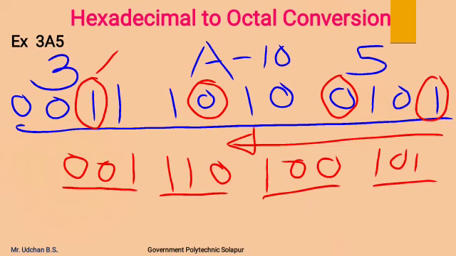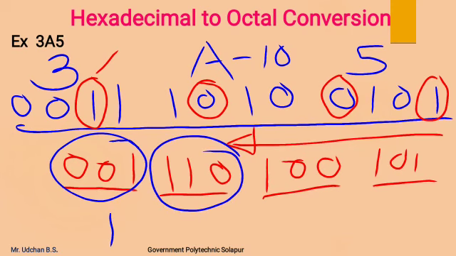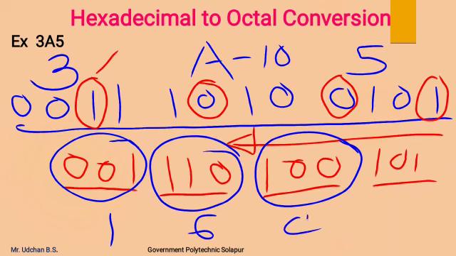Now we will write the octal digit for each of these groups. For 001 we will get the equivalent octal digit 1. For 110 we will get 6. For 100 we will get 4.